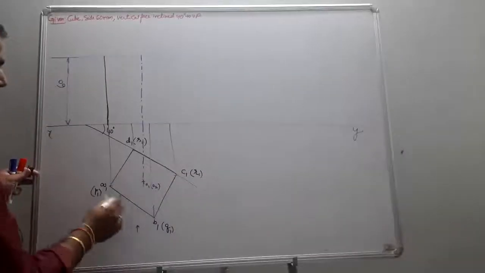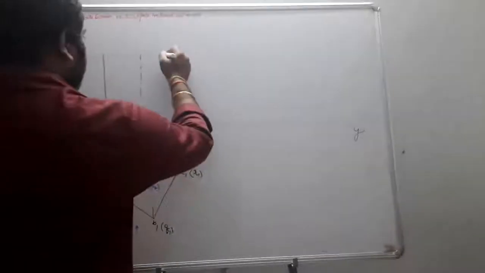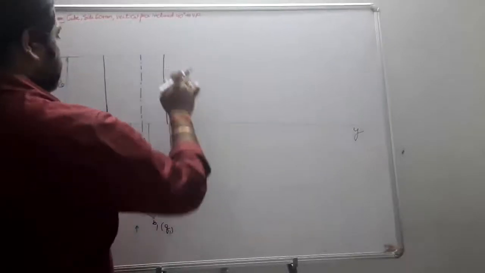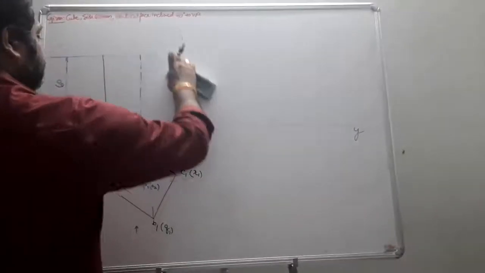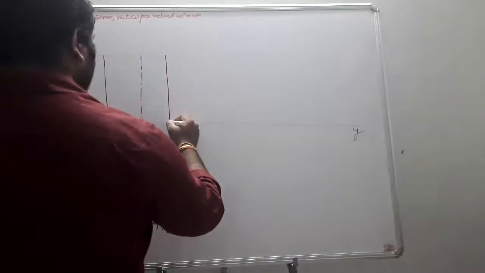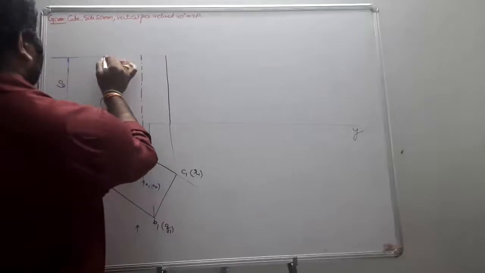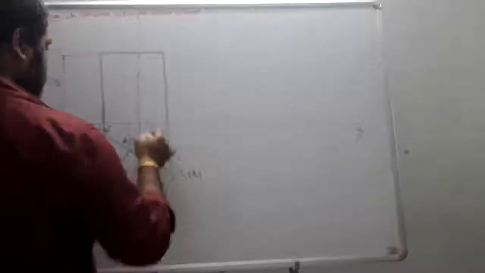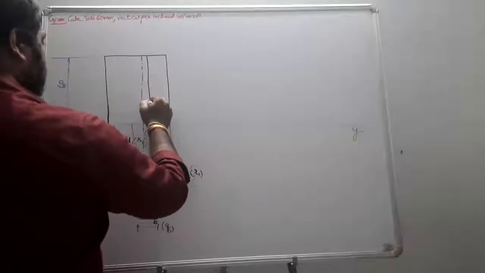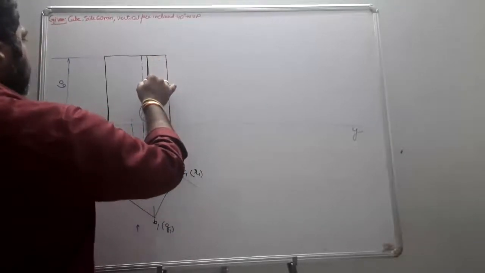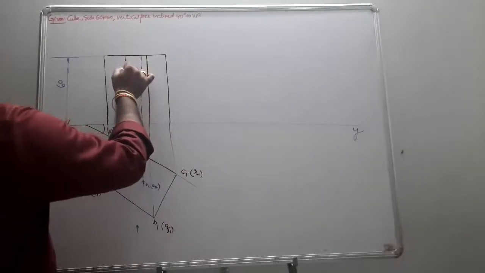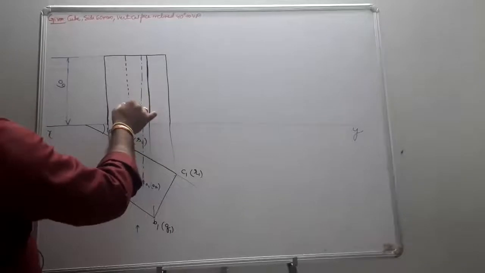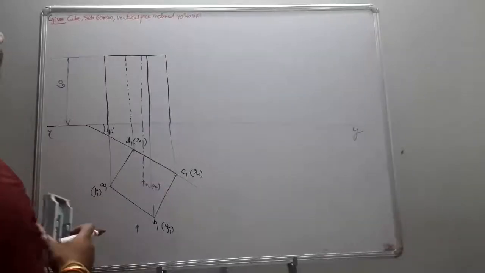While you see from the front, the ABC corners are solid lines, and this was dotted, because this corner is not visible from the front.